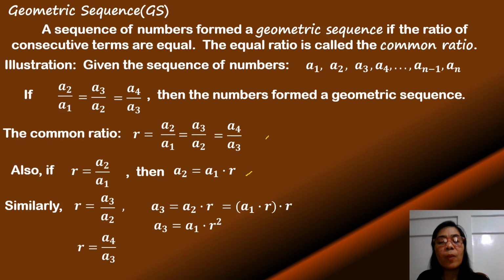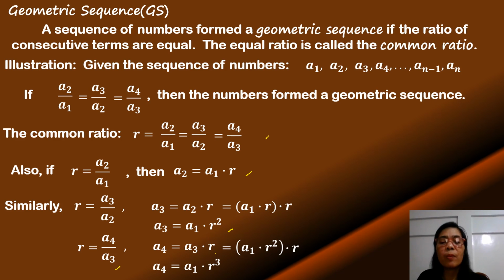Also, r is equal to the ratio a sub 4 over a sub 3. So from this equation, we can solve for a sub 4. We have a sub 3 times r. But since we have already solved that a sub 3 is equal to a sub 1 r squared, times this r, that gives us now a sub 4 is equal to a sub 1 times r cubed.